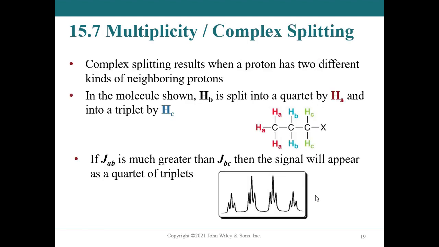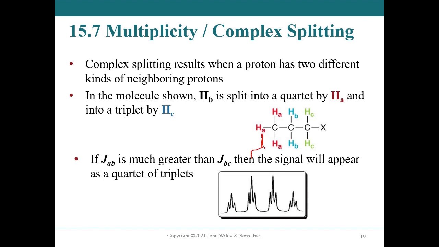If you have very different coupling constants, then you can get things like doublets of doublets, or a triplet of quartets, or a quartet of triplets. This occurs because, in this case, it looks like hydrogen B would show up here. Because it's being split by hydrogen A, it's being split into 4.